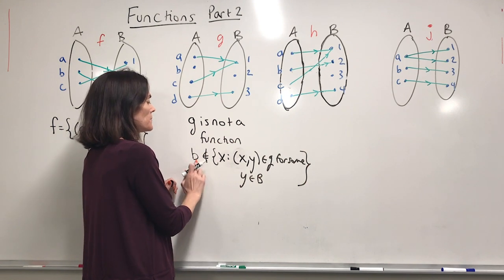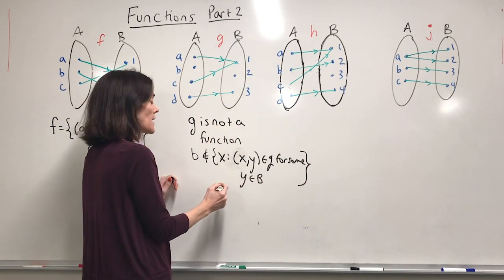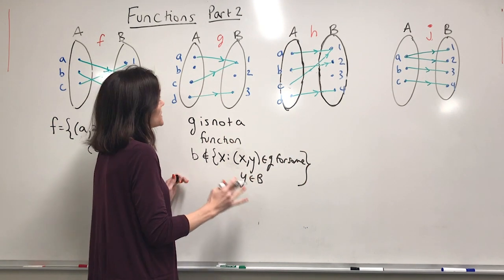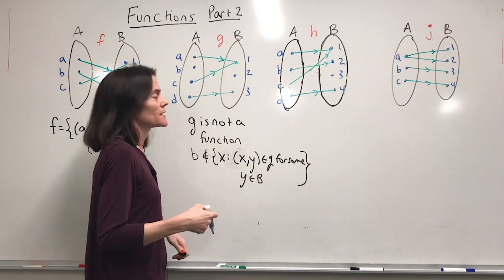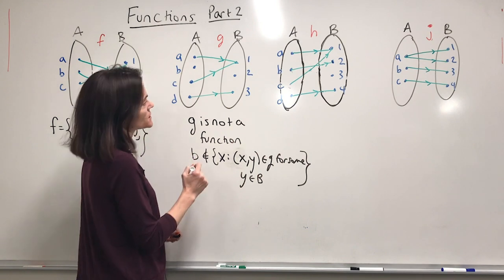Because this little b is not in this set, we know this set is not all of A. That was our first condition for being a function. But this is not a function, okay?